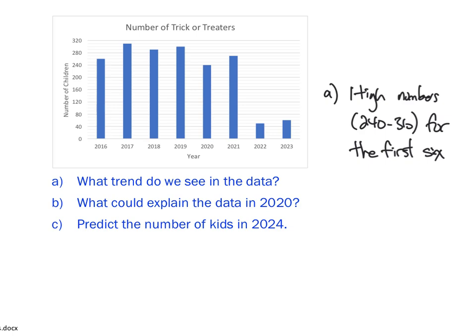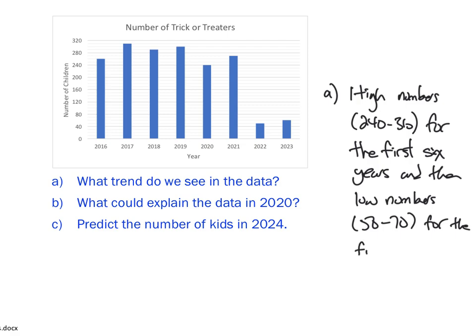That's not how I spell years. So I'm just going to do over here for the first 6 years. And then low numbers, 50 to 70 for the final 2 years.